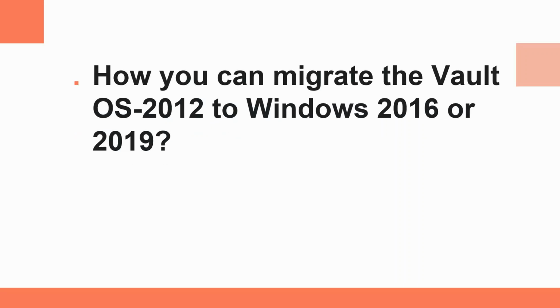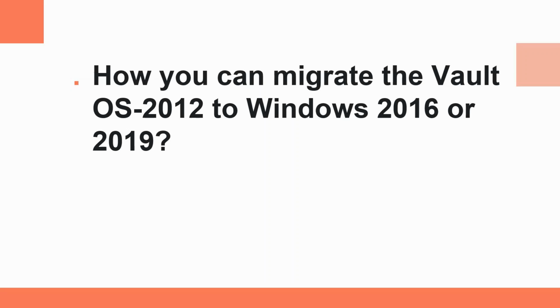How can you migrate the Vault OS from 2012 to 16 or 19? As Naren said, he was absolutely correct. First of all, we need to build the servers. Let's say you want to migrate from 2012 to Windows 16.